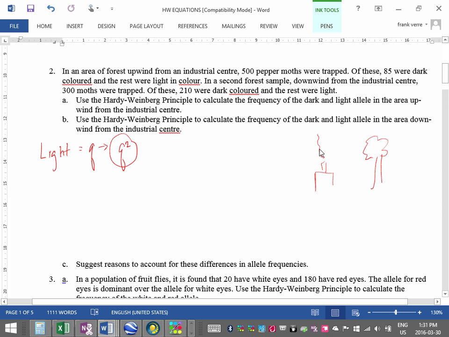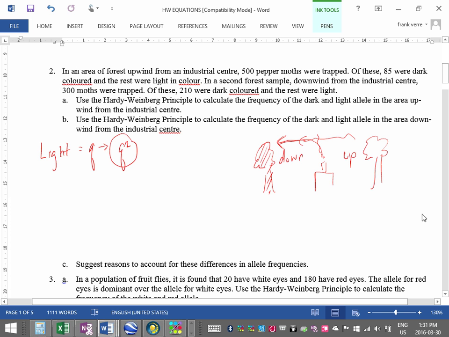Let's say the wind is going this way, and I have a forest on either side. Downwind is in the direction of the wind. Upwind is the opposite direction. So this is upwind, this is downwind. The smoke is going to go with the wind, so we expect that these trees would be slightly darker than these ones.